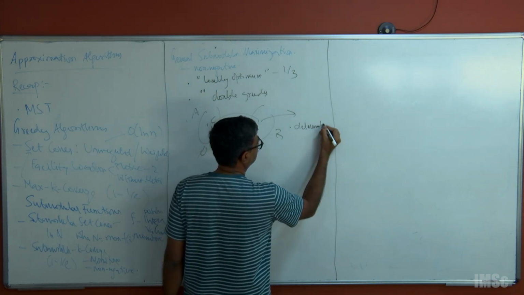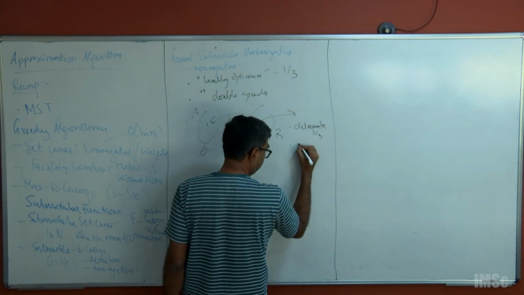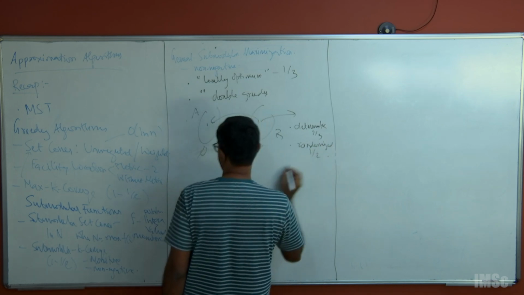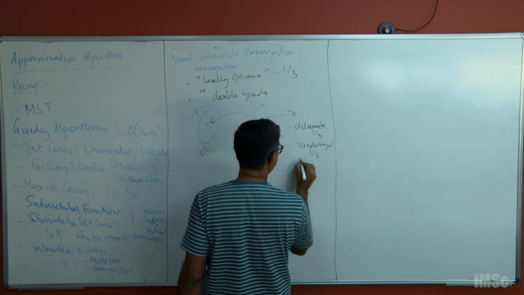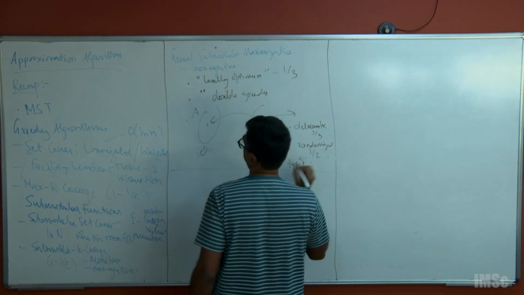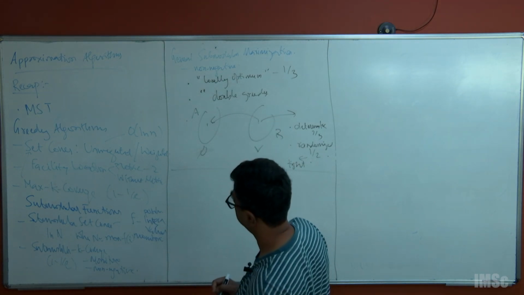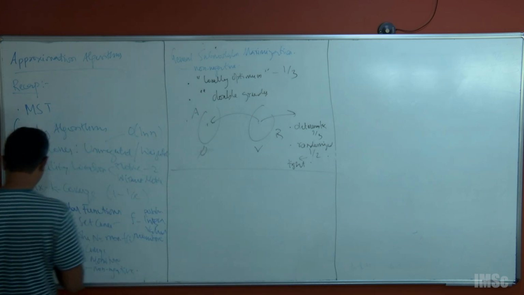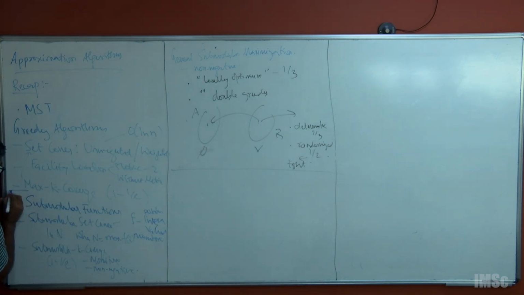So, this double greedy gave a deterministic 1/3 approximation, but we also had a randomized version of this which gave us a half approximation, and this half approximation is tight. We have seen several such algorithms, and these are among the most general forms of algorithms that you can think of.